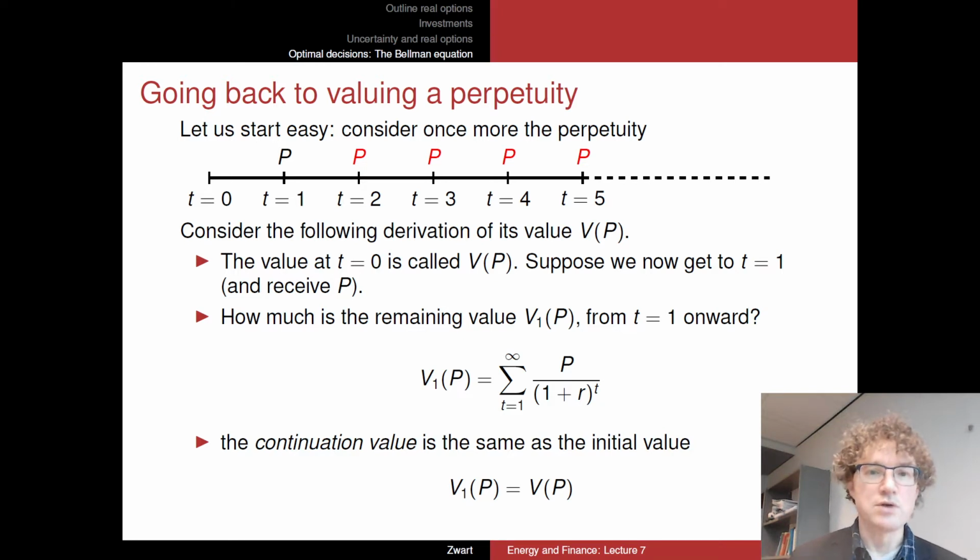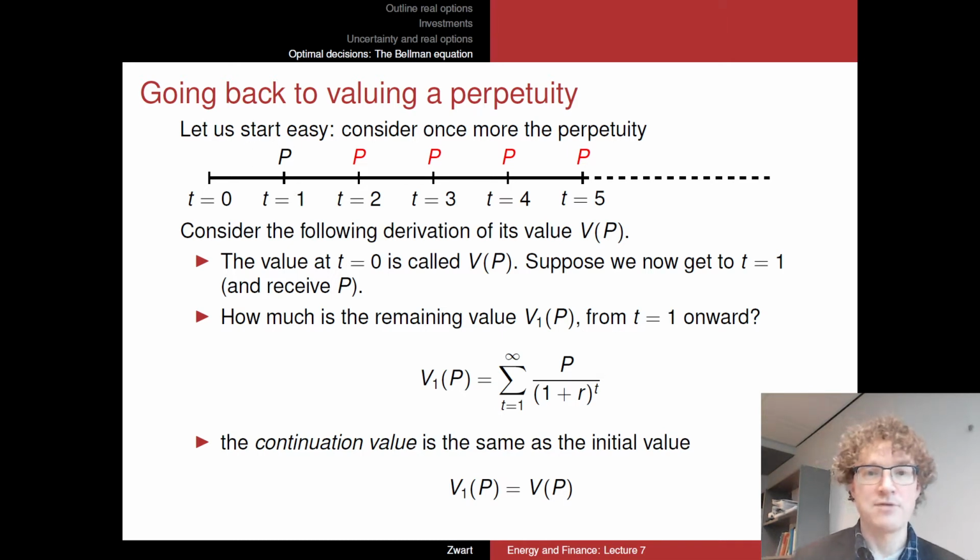So what you have defined is that the value at T equals 0 is called V of P. So it depends on what the price is, of course. And suppose now that we wait 1 year, and then we end up at T equals 1, and we look at what we still have in our hands. So at T equals 1, we get the first P, right? So what do we still have?